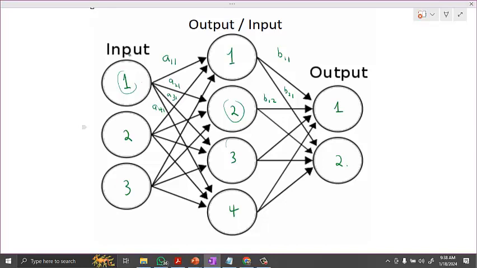Sorry, I should not get confused like this. No, this is right. Okay, B21, B12. Then this would be B22, and then this would be B13, and then this is B23, and then this is B14, and this is B24.